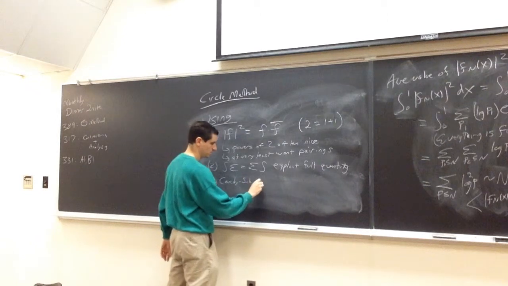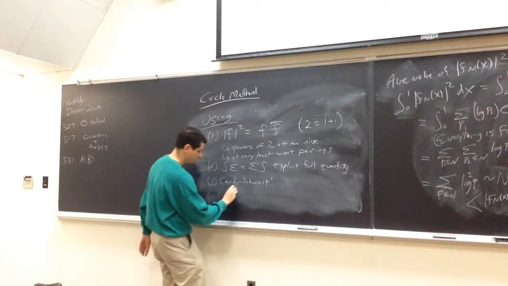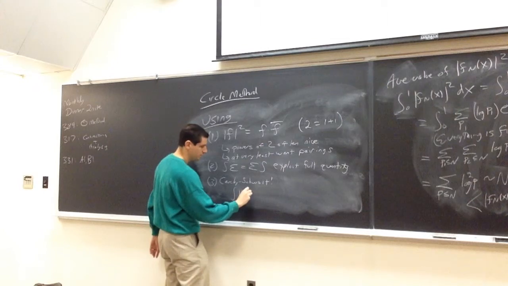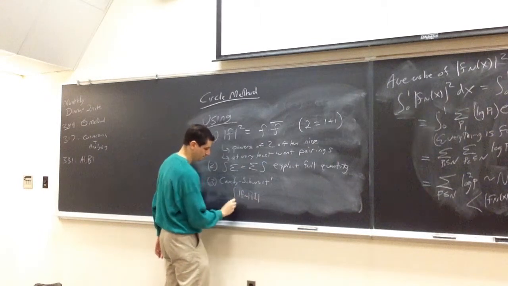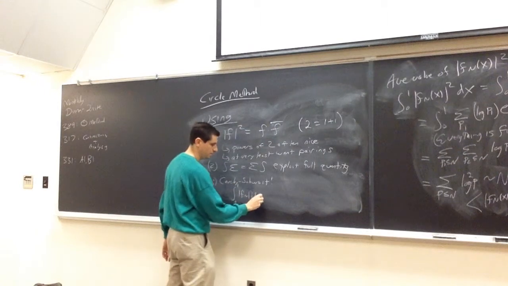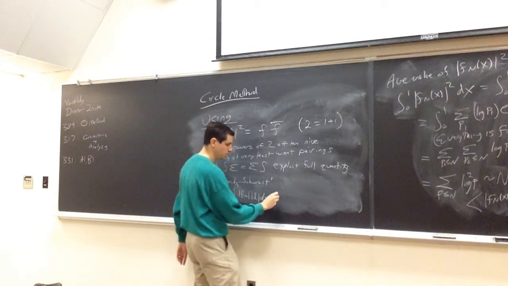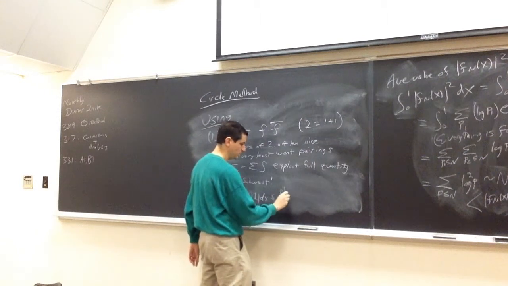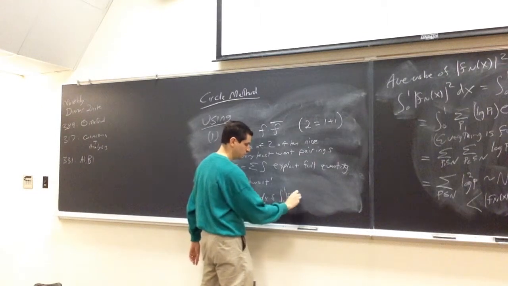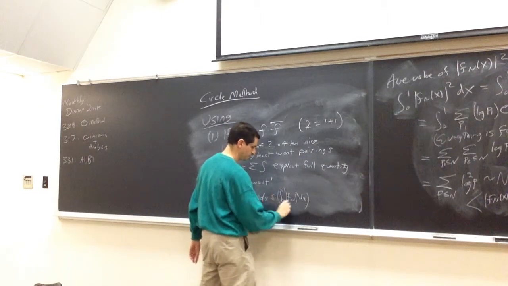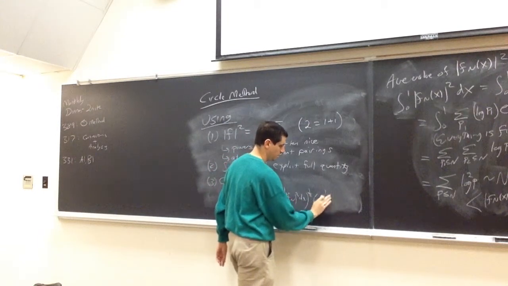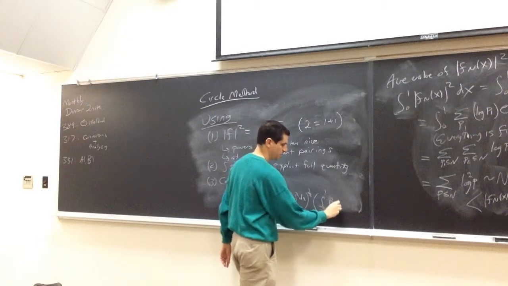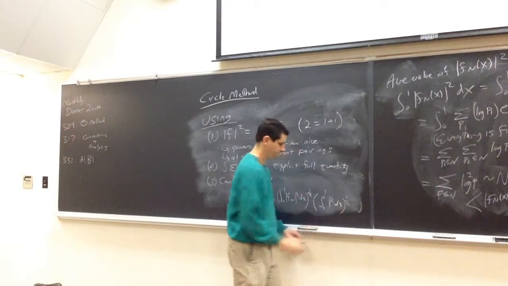Yes. The integral of fn squared, the integral of fn times the absolute value of 1 from 0 to 1 dx, is less than or equal to the integral from 0 to 1 of fn squared dx to the 1/2, times the integral from 0 to 1 of 1 squared dx to the 1/2.